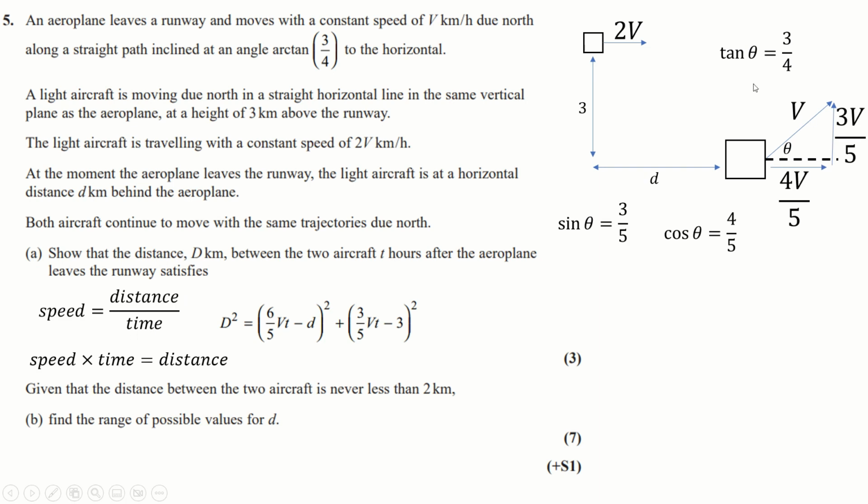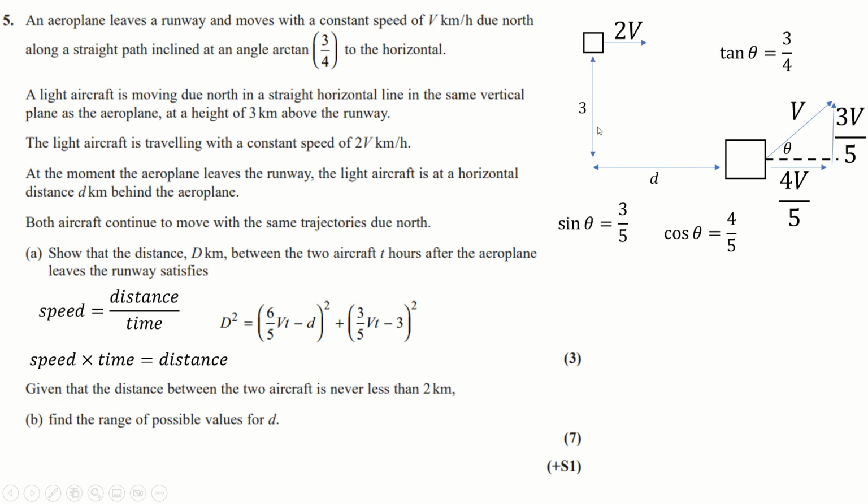So if we want to draw this diagram t minutes later, or really actually, sorry, t hours later, let's think about vertical first, because there's only one thing going on. This plane closes the 3 kilometer gap at a speed of 3v over 5, which means after time t, it will have moved up 3v over 5 times t distance.